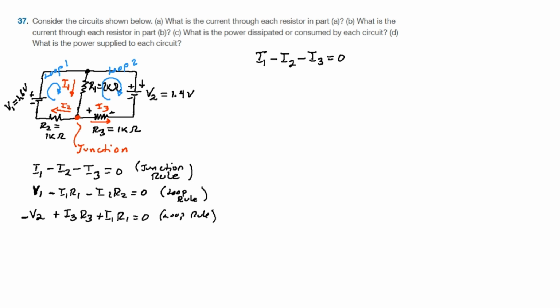So that means that I say B1 here is 1.6 volts. I will not use the units because if not, it's going to turn very confusing. Minus I1 R sub 1. R sub 1 is 2 kilo ohms, so it's 2,000 ohms times I1 minus I2 R2, there is 1000 ohms times I2.